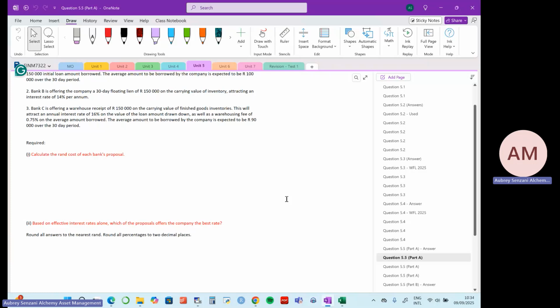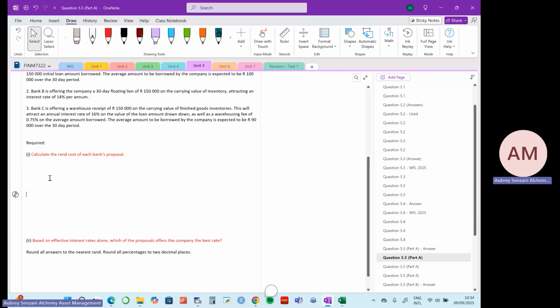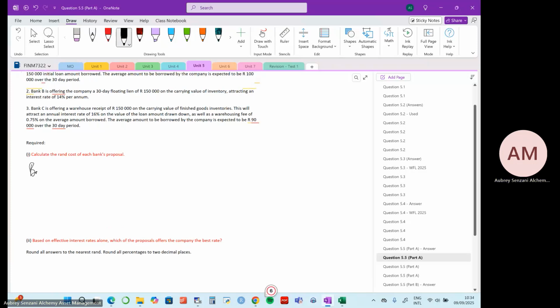So then, how do we calculate it? And I think we should just calculate for Bank A first before we move on to the next, because we may just forget some of the things going on over there. So we have Bank A, right? And they're willing to give us 150, right? But there are 2 costs there.